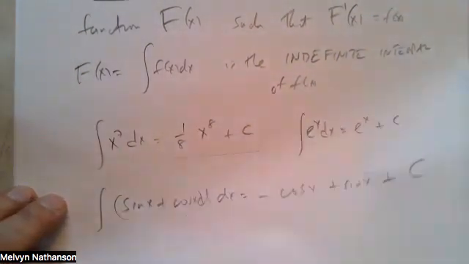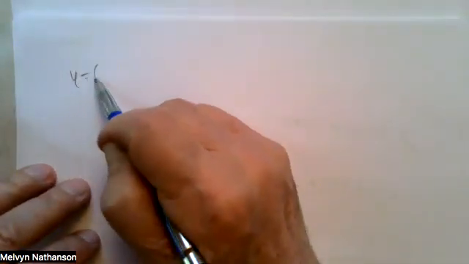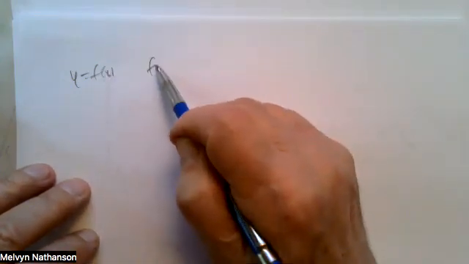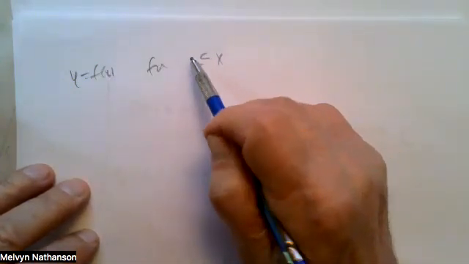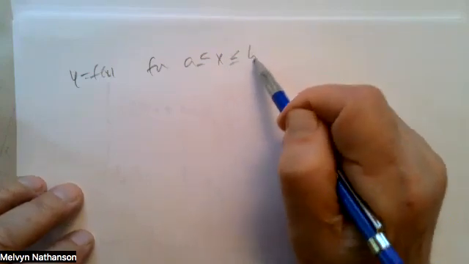Then, quite separate from this, at least in the beginning, is the geometrical problem. If you have some curve y equals f of x, let's say for x between a and b.